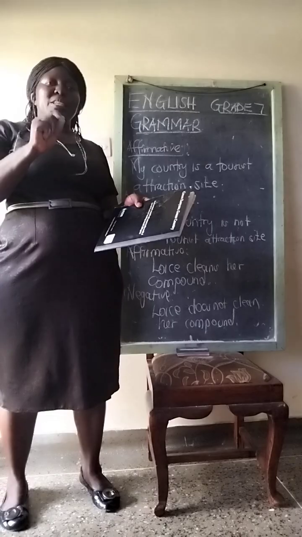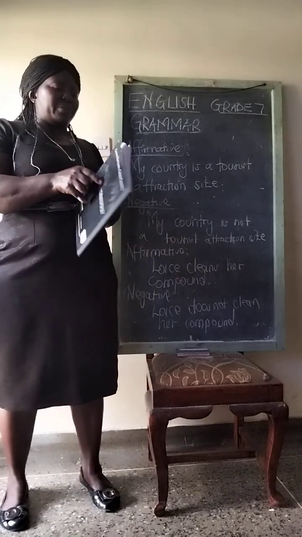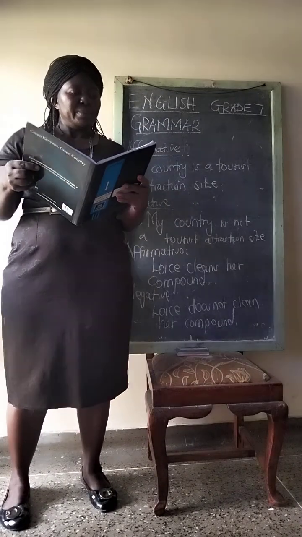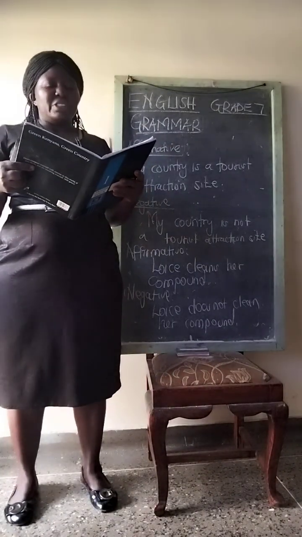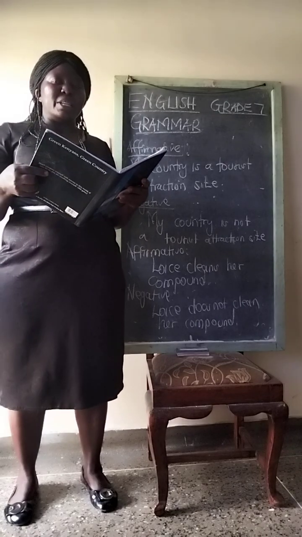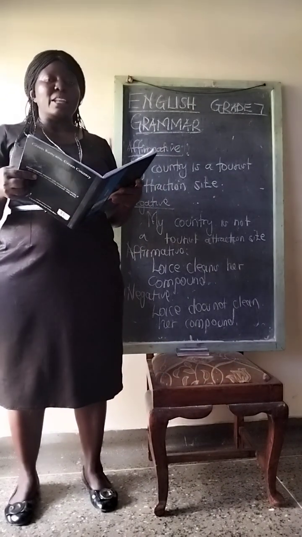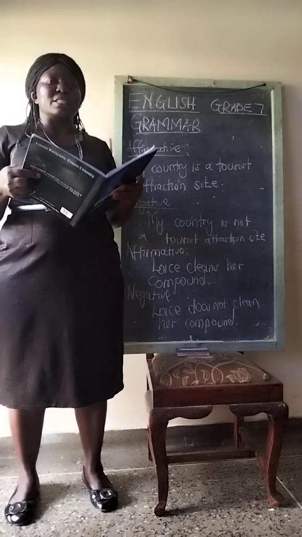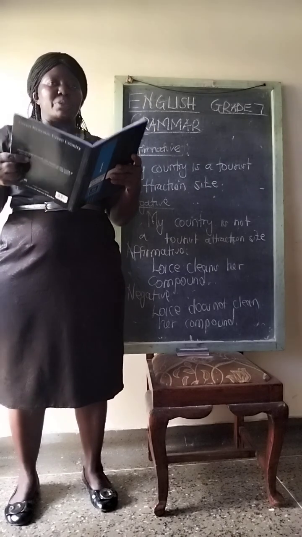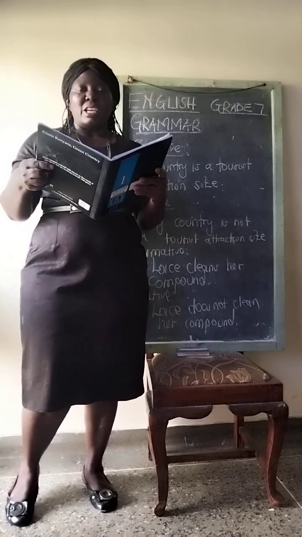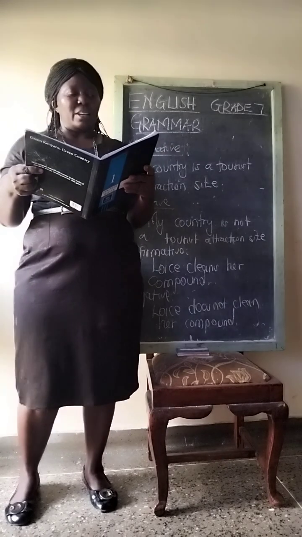Now, let me read you these sentences and then you tell me whether the one I've read is affirmative or negative. I hope you are also noting down. We are writing the sentence and then indicating affirmative or negative. The first one: I visit the beach every day. Is it affirmative or negative?